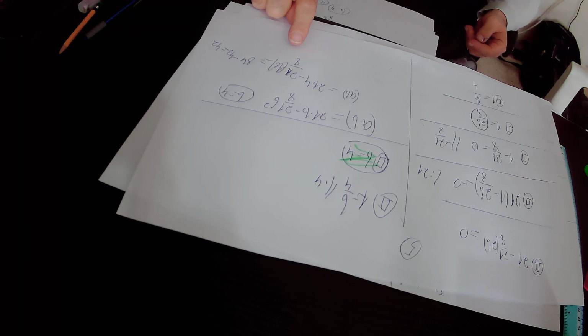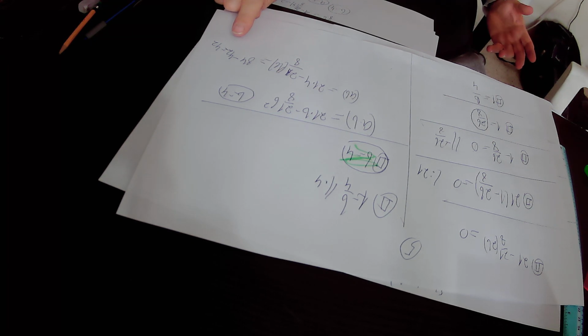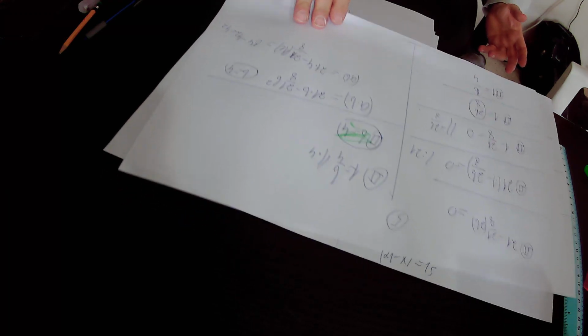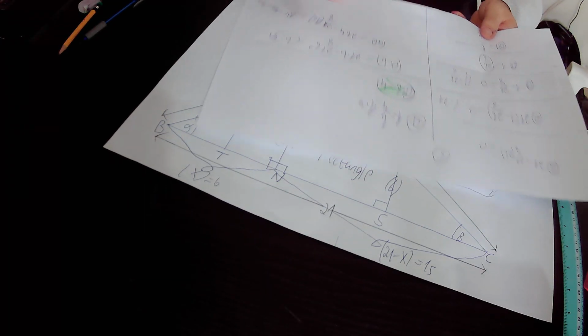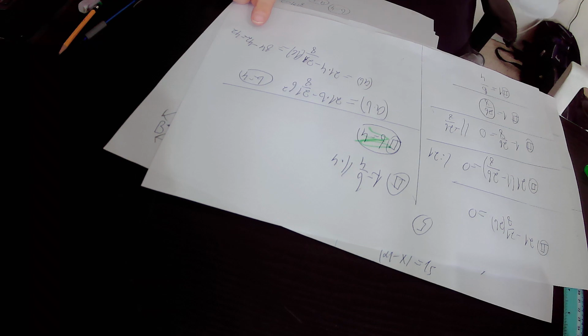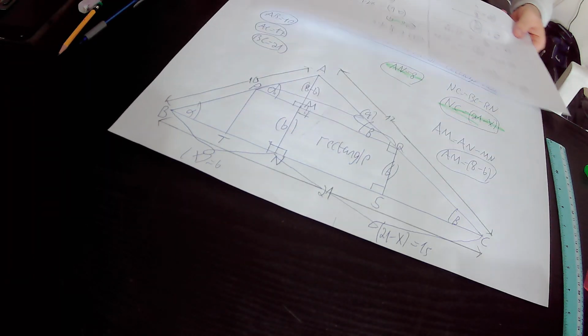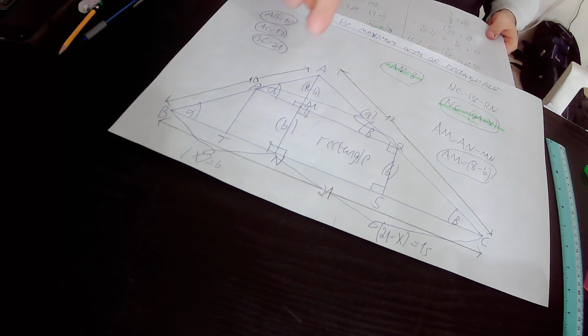And what is the value of this expression? 16 over 8 is 2. So the value of this expression is 2 times minus 21, that is minus 42. So the maximum area of this rectangle PQST equals 84 minus 42, that is 42. Again, the maximum area of this rectangle PQST is 42 square units.